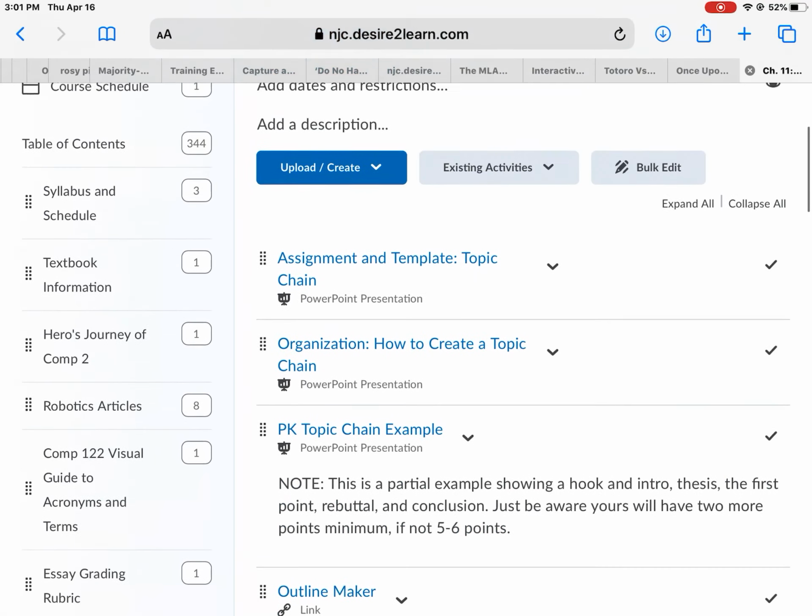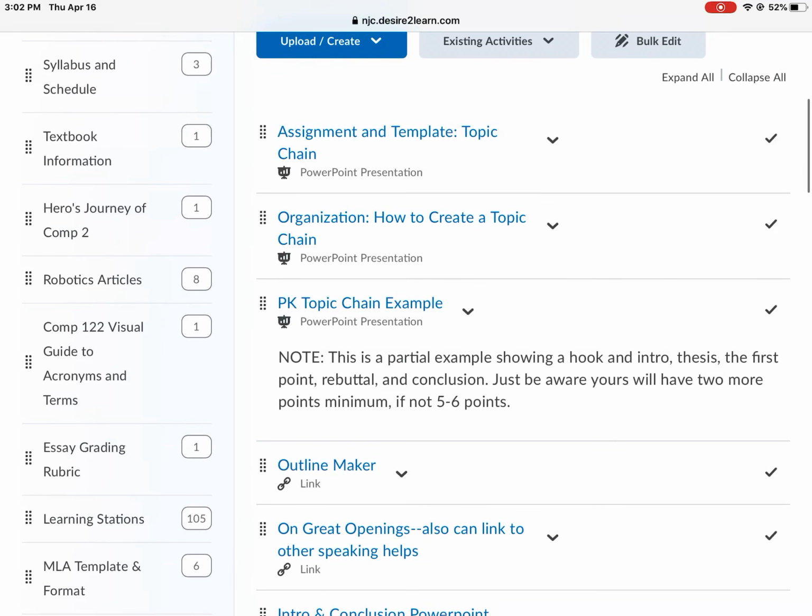So a lot of good resources there if you're at all in doubt how to create a really good topic chain and paper outline. So you'll want to read chapter 7 about evidence, and they will talk about the different types of evidence, and you'll want to have a variety of evidence in each paragraph of your topic chain.